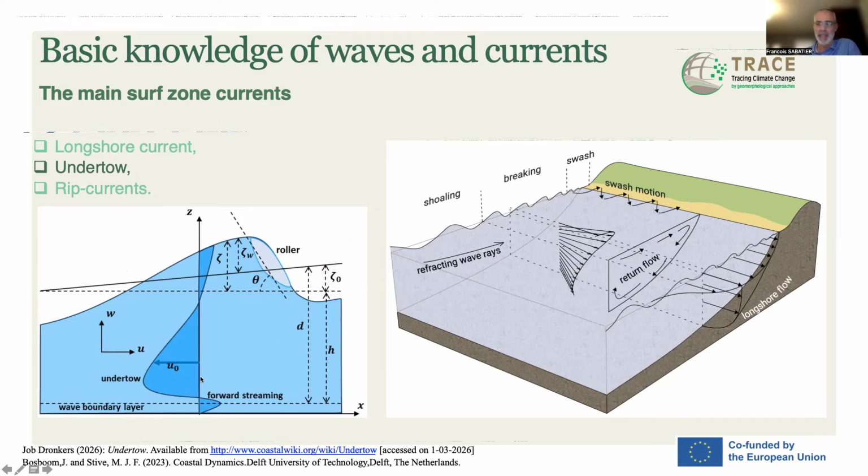The undertow affects all the surf zone. And of course, it is connected to the intensity of the wave and the wave height. On this figure, you see that the waves are moving, and if you have a look, the undertow is something like that.